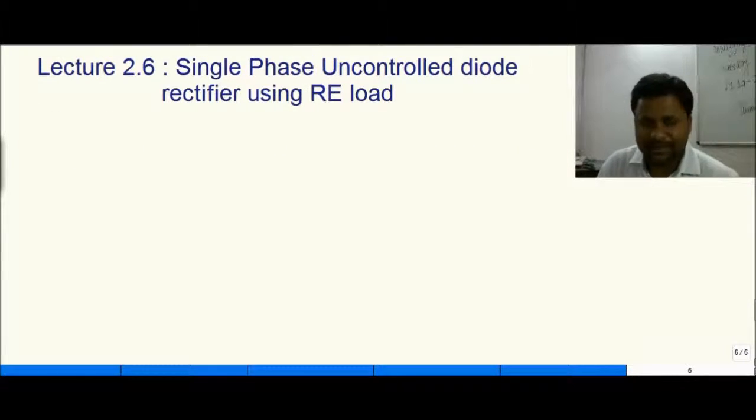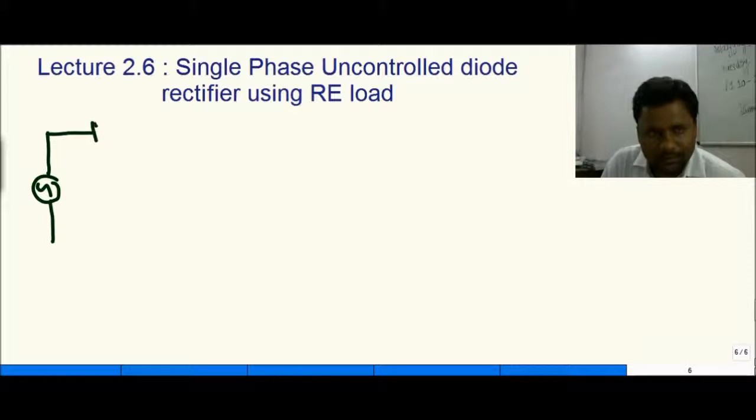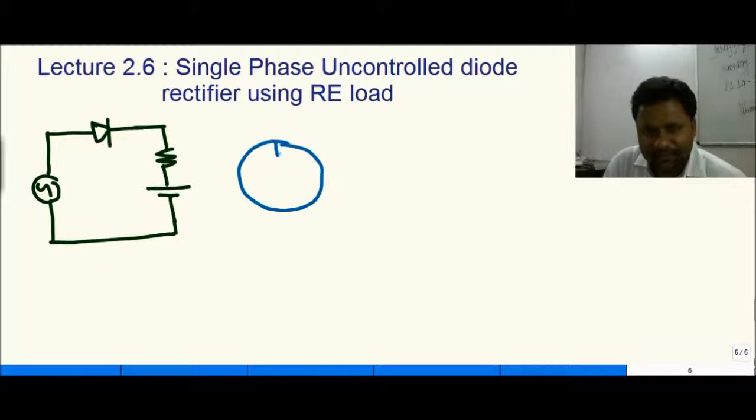We are making a circuit of it. This is the circuit that we have to understand: source voltage, this is the diode, this is the RE load, the resistance is there, and the battery is there. This circuit basically represents a DC machine load, the back EMF and the resistance.